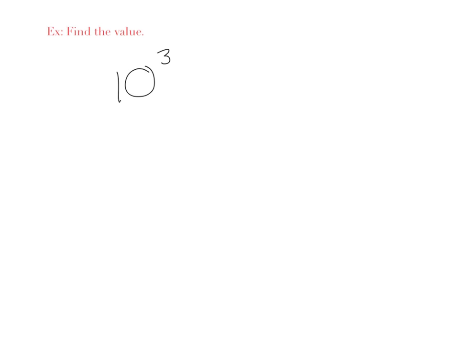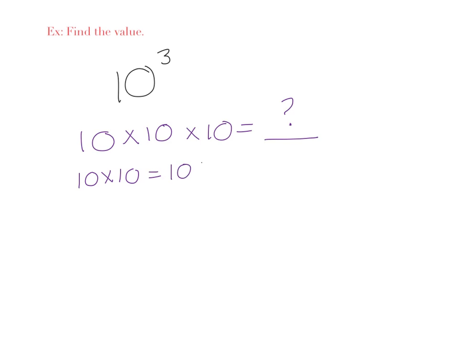Okay, so here we're going to find the value. They gave us 10 to the 3rd power, or 10 cubed. What that looks like, I'm going to show you, is 10 times 10 times 10 equals something. This is what we're looking for, the value. So I'm going to break it down first. 10 times 10 is 100. Then I'm going to take 100 and multiply it by this last 10.